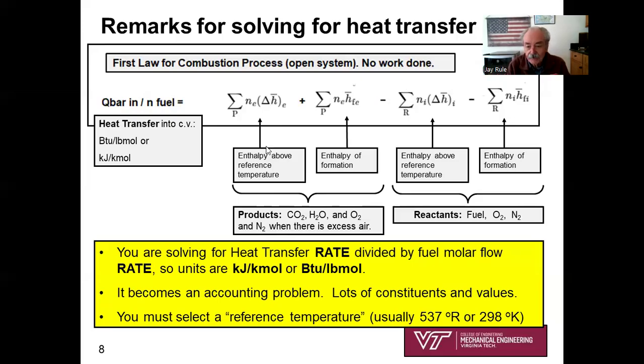So this is an accounting nightmare here. Same thing here on the fuel side. You've got to keep track of enthalpy of formation and enthalpy change for your fuel, your oxygen, and your nitrogen. So it absolutely becomes an accounting problem, and I would say an accounting nightmare. Lots of constituents and values to keep up with.